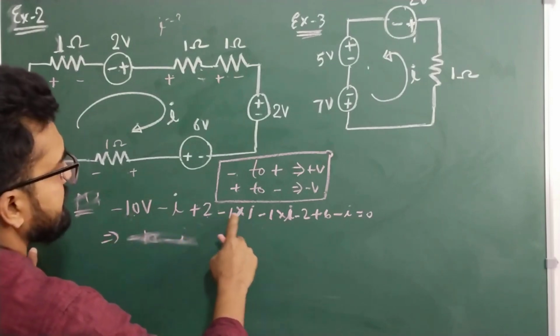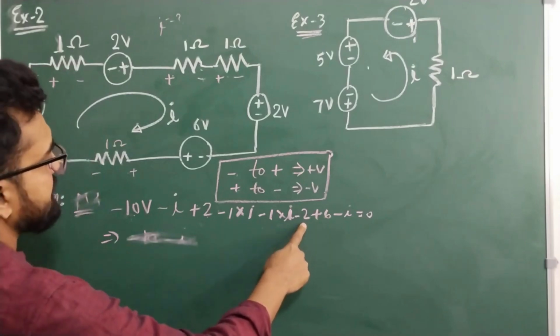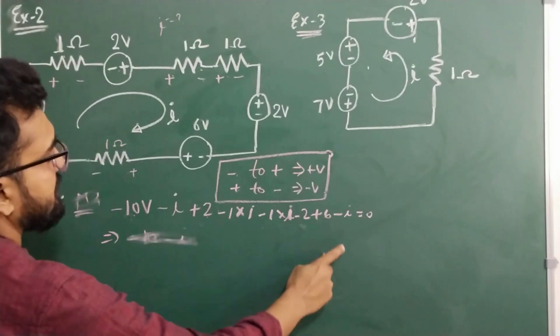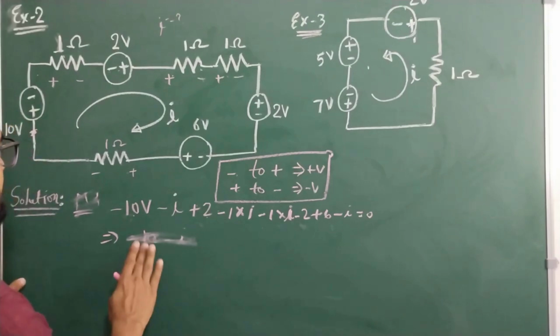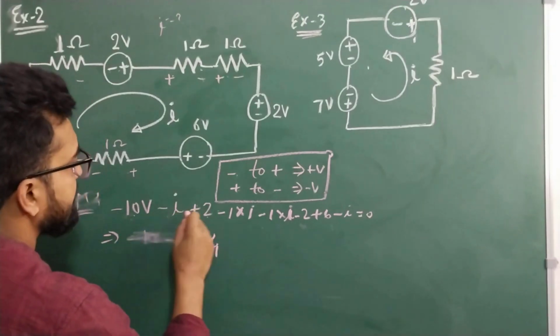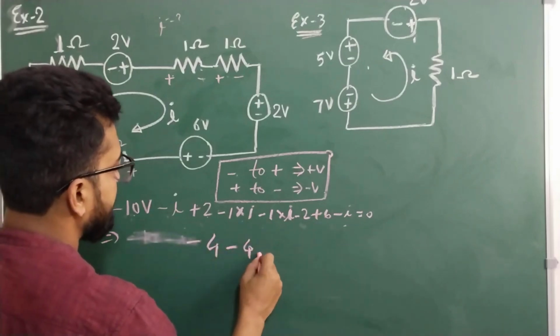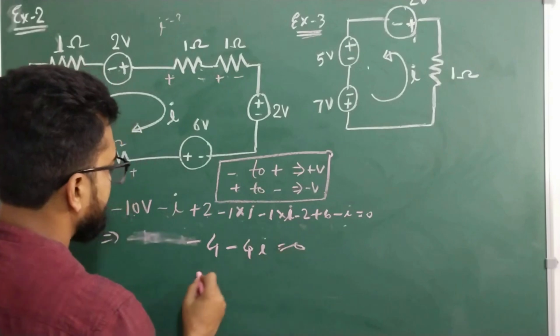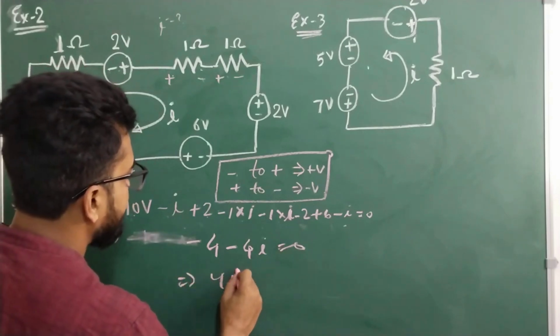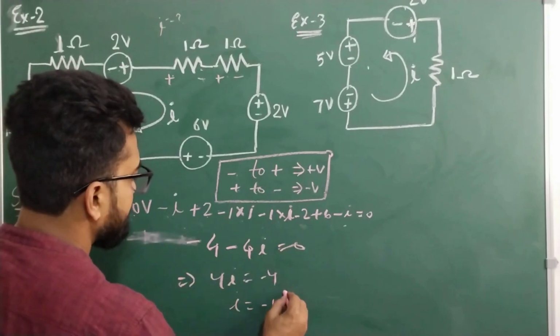Minus 8 and again minus 2, minus 10, and plus 6. So that is minus 4. Then minus I, minus I, minus I and minus I. So minus 4 minus 4I equals 0, which finally boils down to I equals minus 1 ampere, right?